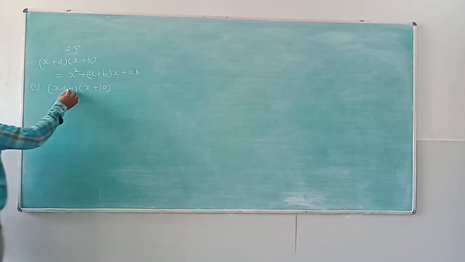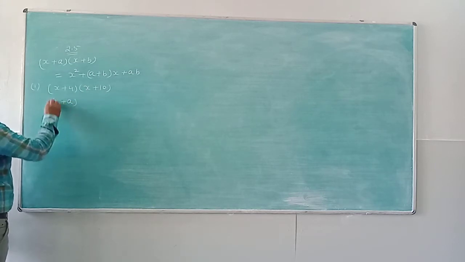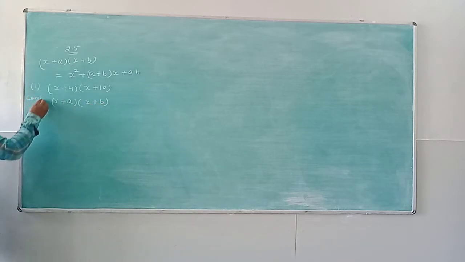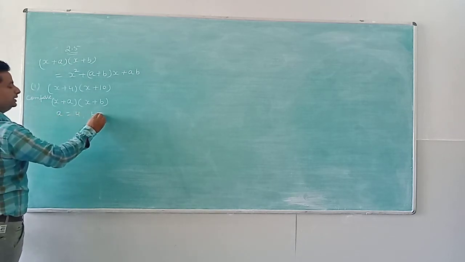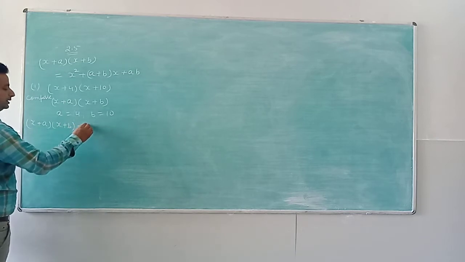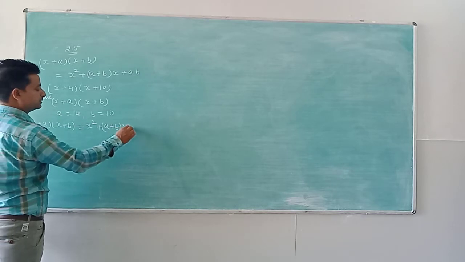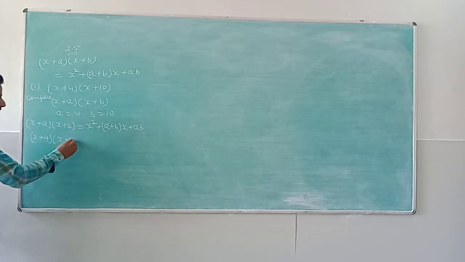When we compare this with this, we get (x + a)(x + b). Comparing this question with this, we get a is equal to 4, b is equal to 10, and this identity is (x + a)(x + b) equals x² + (a + b)x + ab. So the value of a is 4, the value of b is 10.